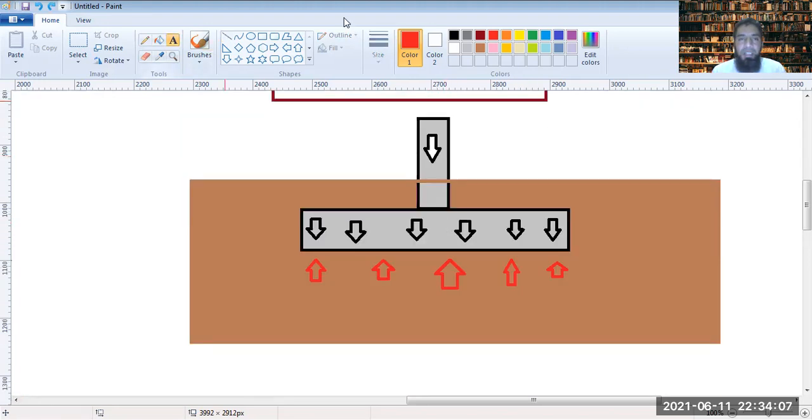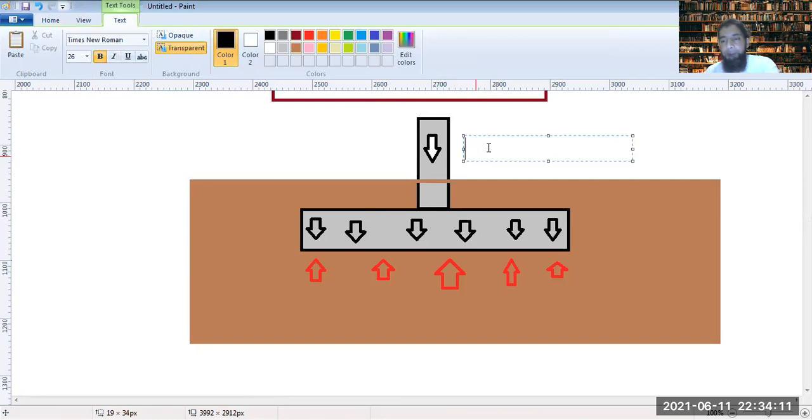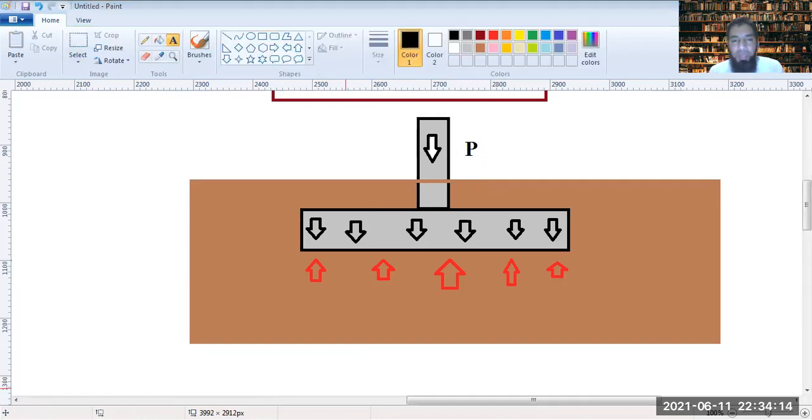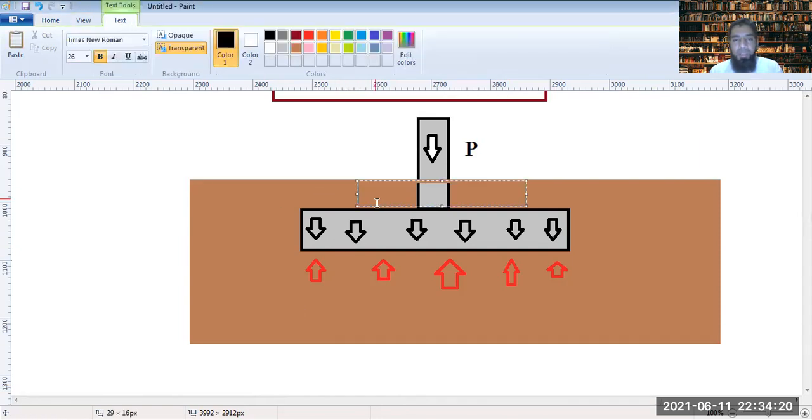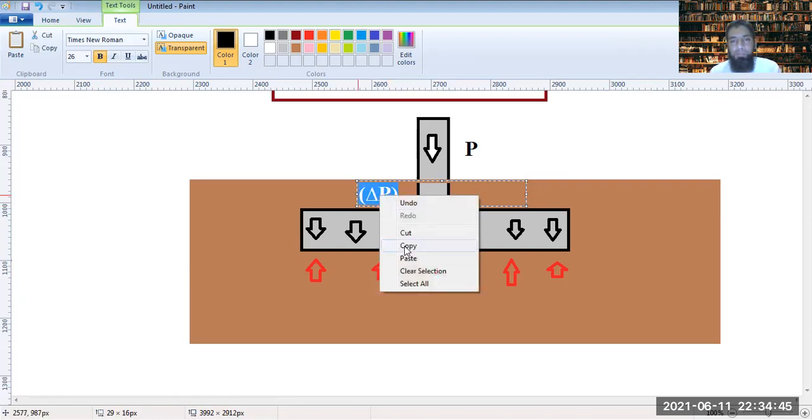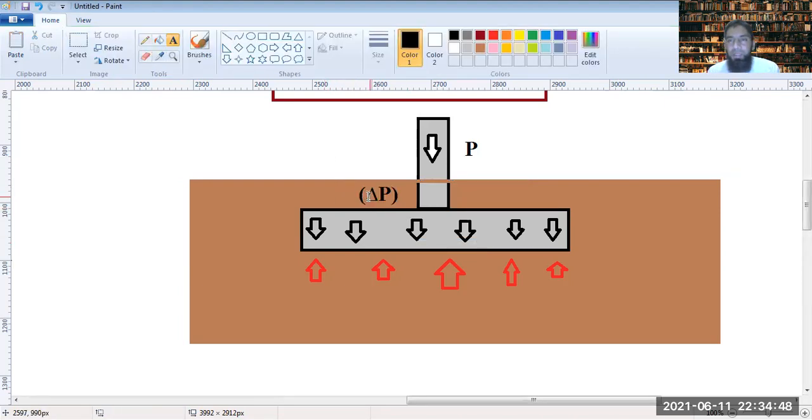Now if the load being applied here is the P load, and there is certain more load coming from the overburden pressure, let me write it as delta P. Delta P is the load that's coming from the overburden.